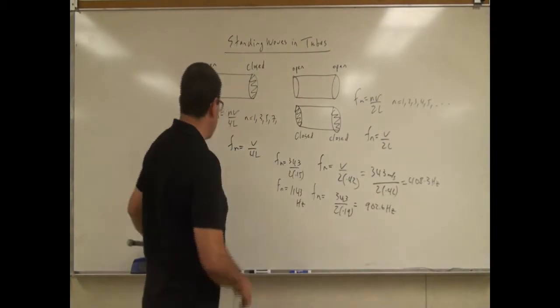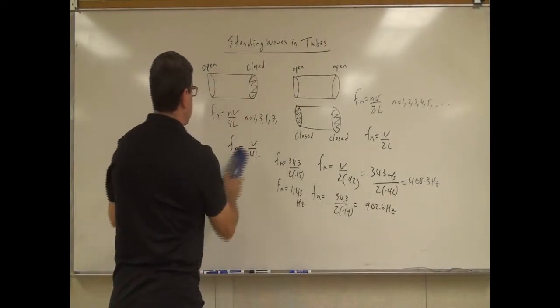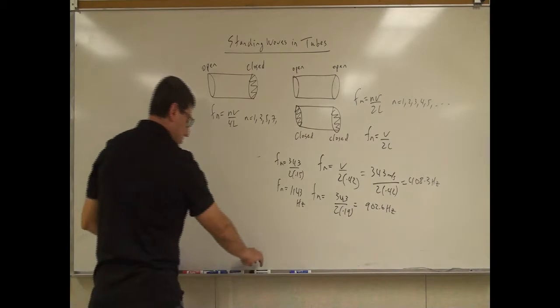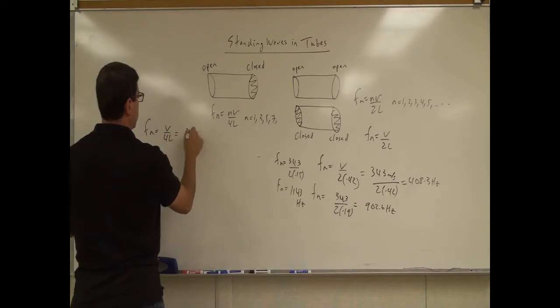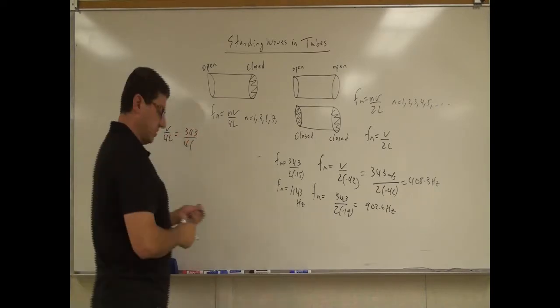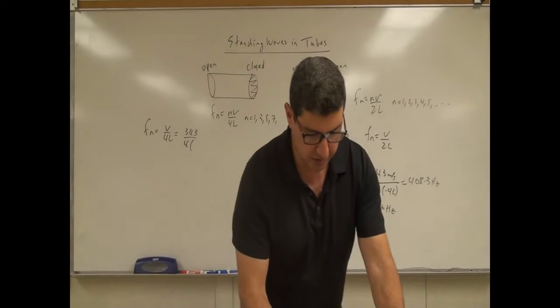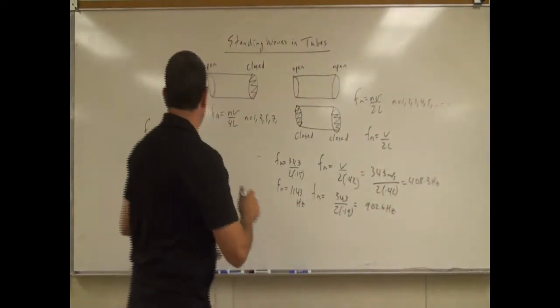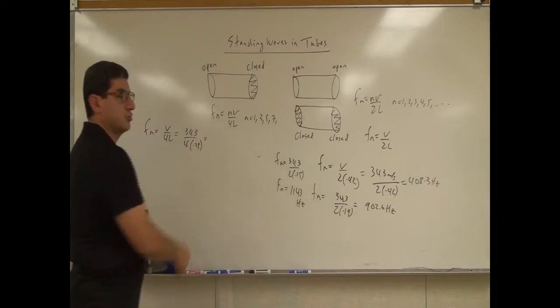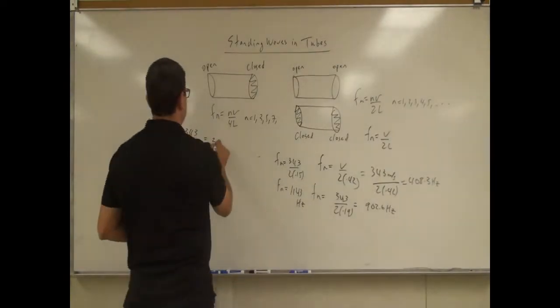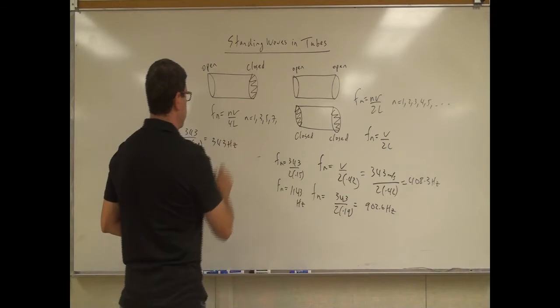And if it's open at one end and closed at the other end, then what's the fundamental frequency we're going to hear? It's going to be v/4L, so 343 over, and then we said that the length was 25 centimeters, 0.25. So 4 times 0.25 is just going to be 1, so that's going to be 343 hertz, right?